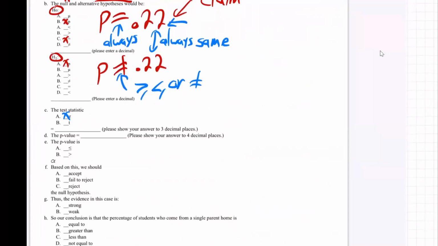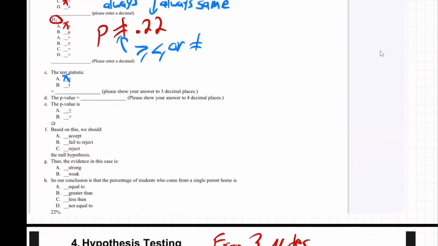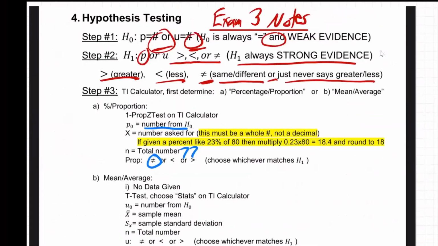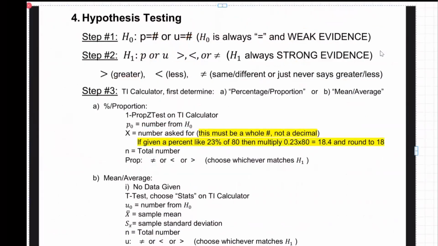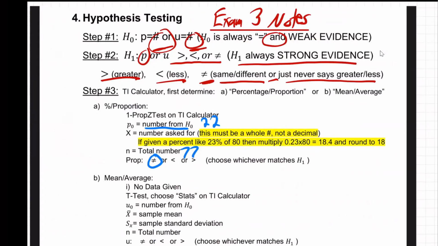Right there, because this is H0 right here. There's the number, 0.22. So that's going to be 0.22. And finally, that's P0.